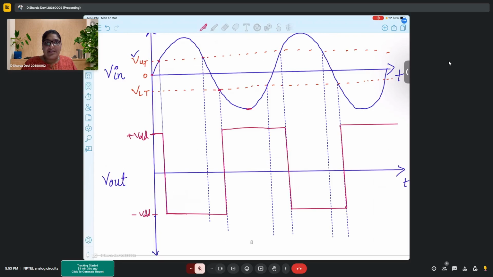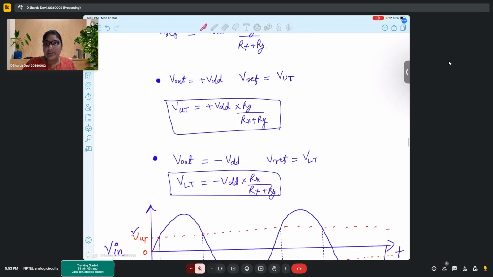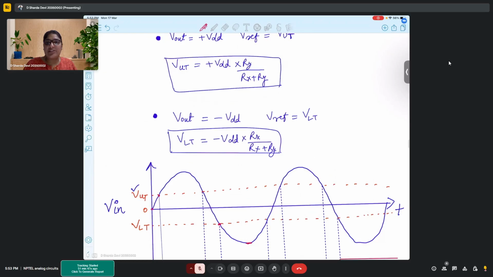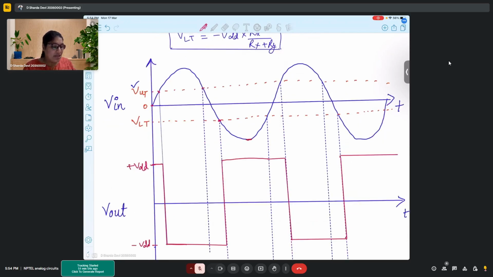Okay, so here do you understand how the thresholds are changing? And this is happening because you have taken feedback from your output. So your comparator's output is governing your threshold. That is the reason your threshold is changing. And because of that change in thresholds, you get your square wave in a certain way.